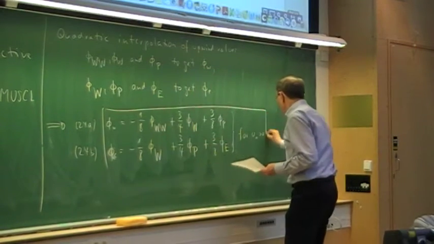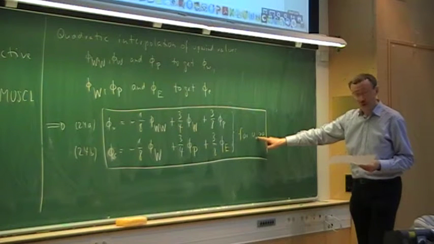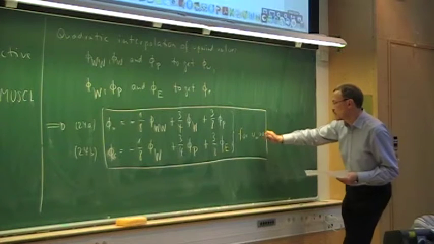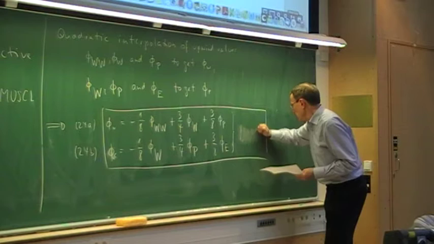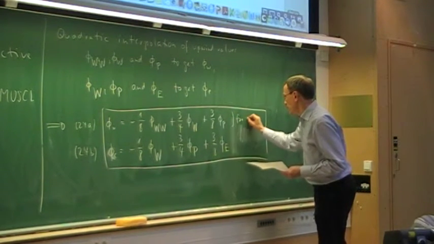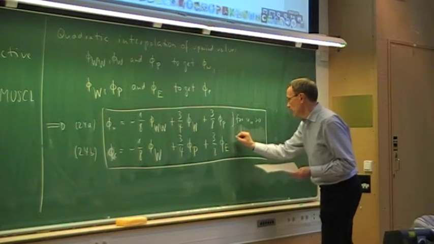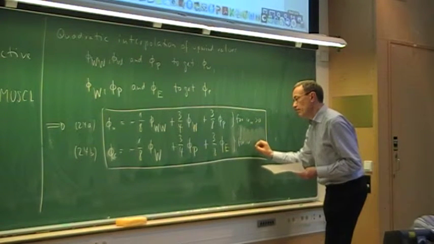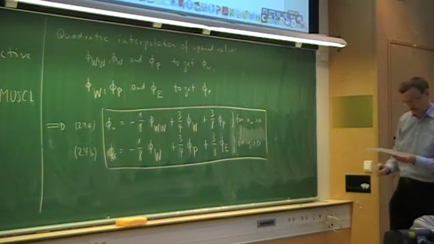Let me correct myself. This is for U_w greater than 0, and this is for U_e greater than 0. Right?